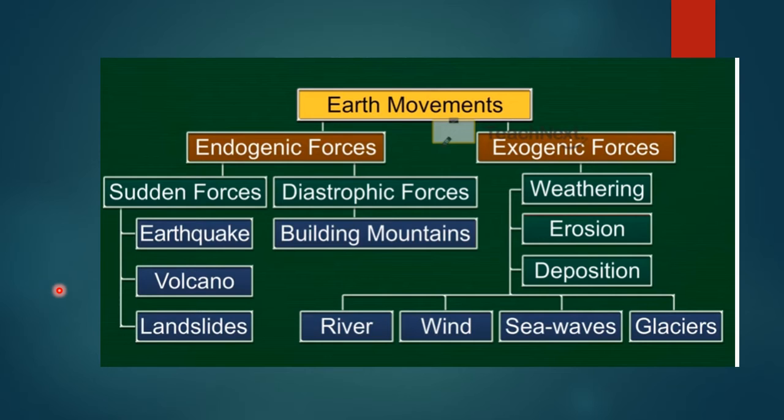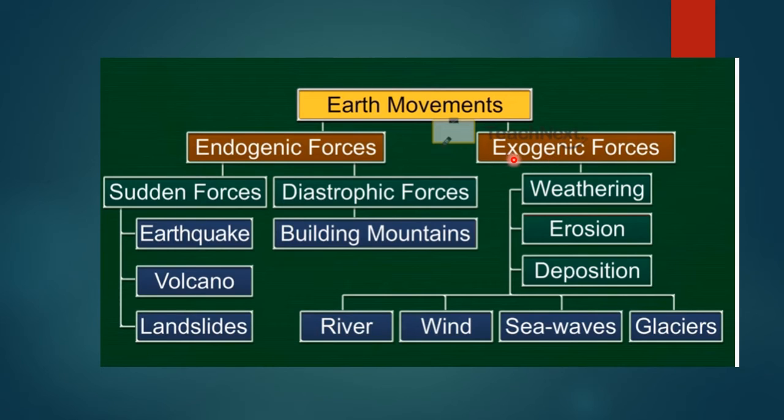Endo means inside, and genic means origin, so these are forces which originate inside our earth. And exogenic means forces which are generated outside or on the surface of the earth. Exo means outside.